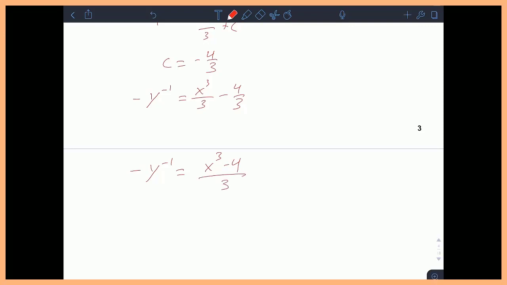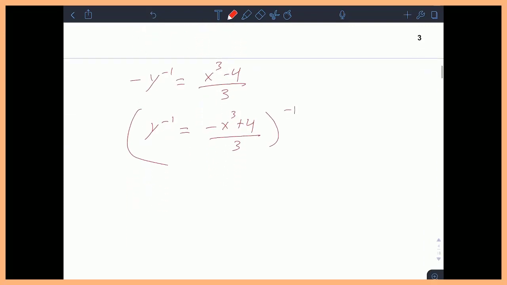Then we multiply everything by negative 1, okay, which would just yield y to the negative 1 equals, and then this is now just swapped signs. It's like negative x cubed plus 4 over 3. And then I just need to raise everything to the negative first power, which would reciprocate, leaving me with y is equal to 3 goes on top, negative x cubed plus 4 goes to the bottom.